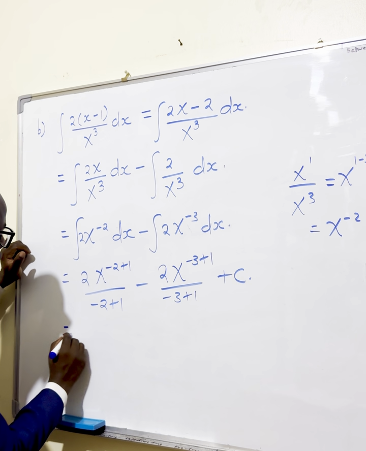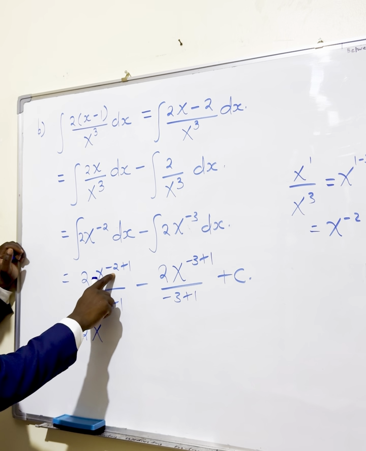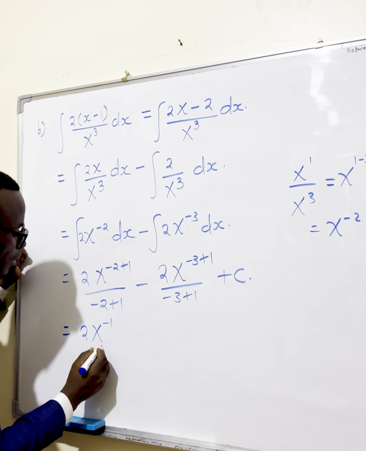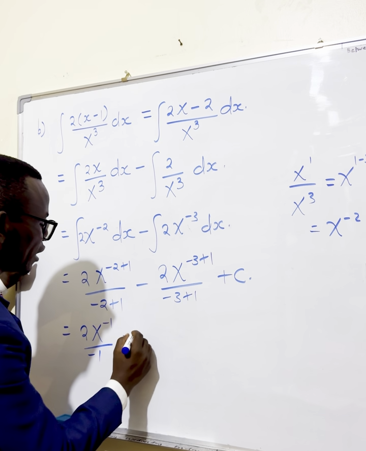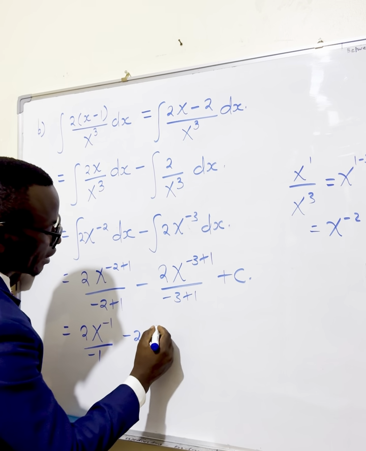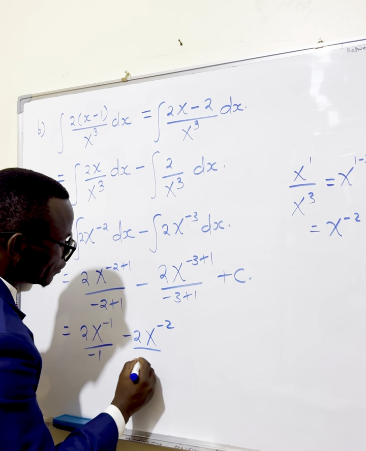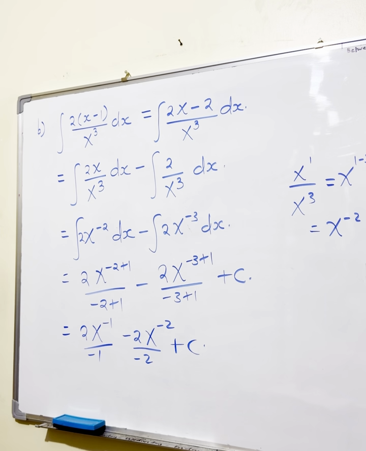So here we are going to be left with 2x to the negative 2 plus 1, that is a negative 1, out of negative 1. Then we shall have negative 2x to the negative 3 plus 1, that is a negative 2, out of a negative 2, then plus a constant of integration.